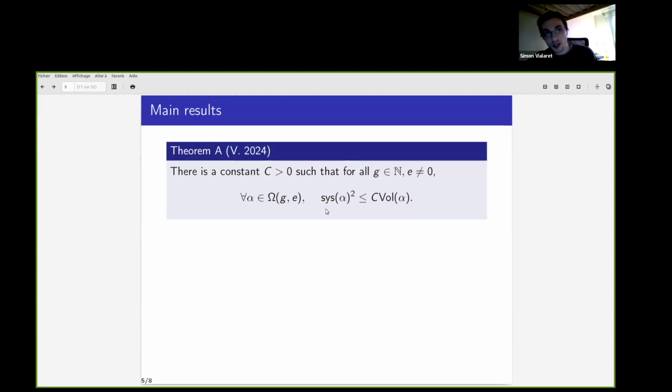So it's a global systolic inequality that holds for all invariant contact forms on non-trivial principal bundles.